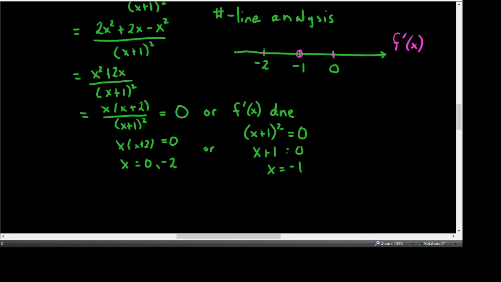And so I'm labeling it as f prime. And what these three numbers do is they split the real number line into 4 different sections, 4 chunks. There's the set of numbers less than negative 2, the set between negative 2 and negative 1, the set between negative 1 and 0, and the numbers greater than 0.